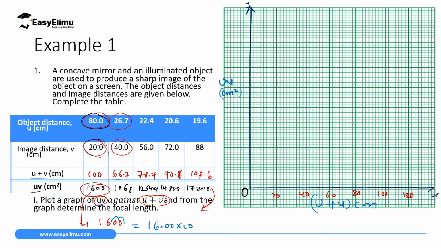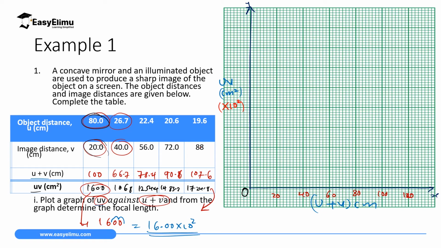Since we have moved to the left, remember in standard form, we said you put a positive index. So this is going to be 16.0 times 10 raised to power 2. So it means what we are going to write here on the y-axis is going to be times 10 raised to power 2.